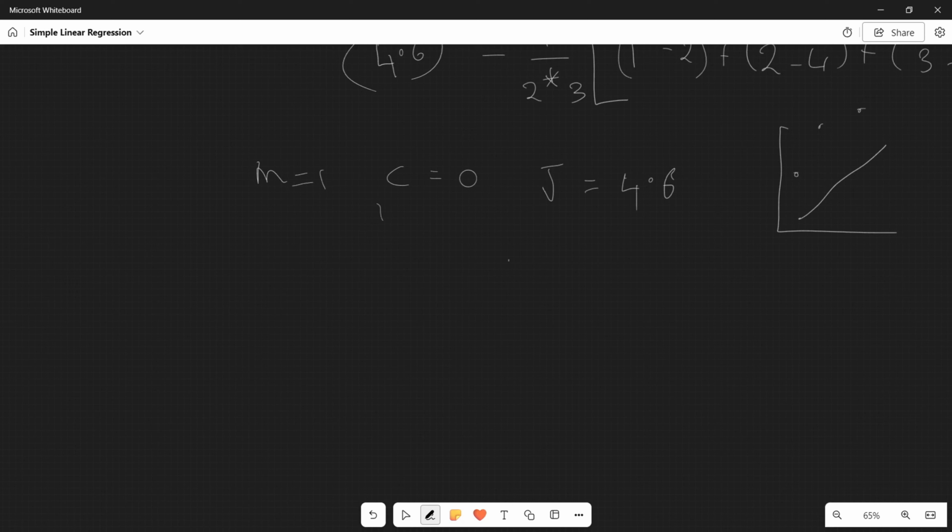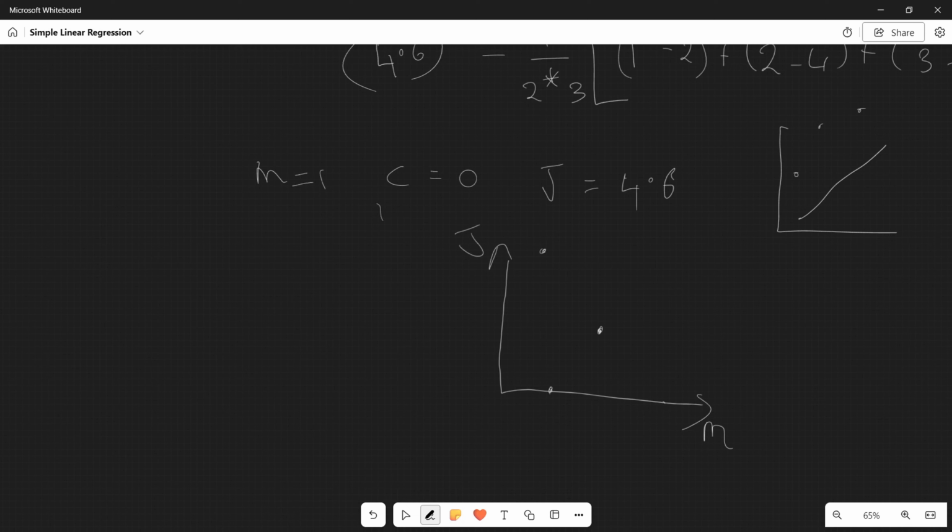So let me plot this in a graph. My x-axis has the slope and the cost function is the y-axis. For the slope 1, I am getting the cost function as 4.6. For example, for the slope value of 2, I am getting the cost function as 2.